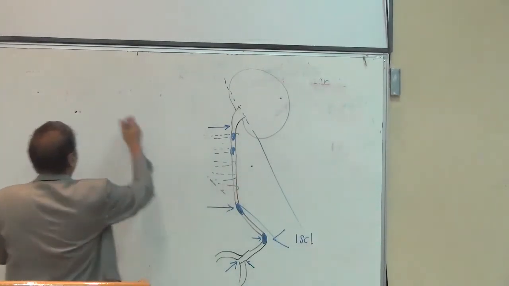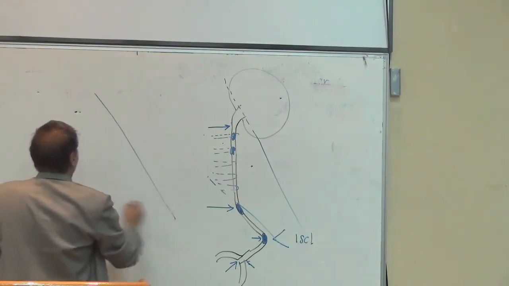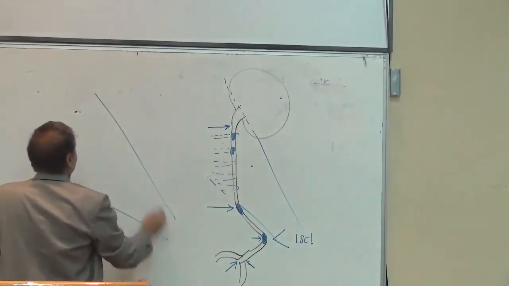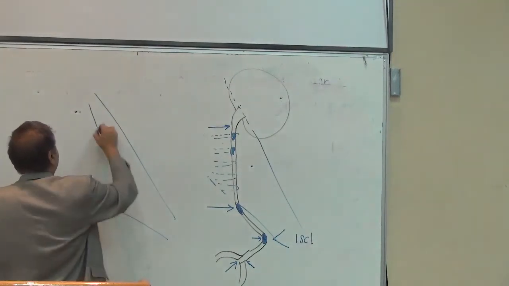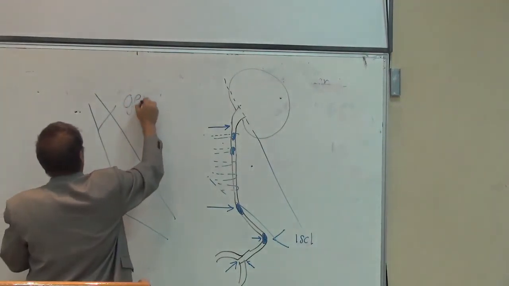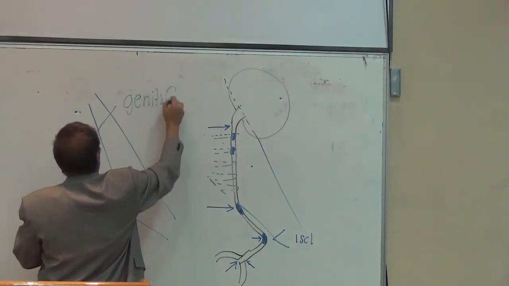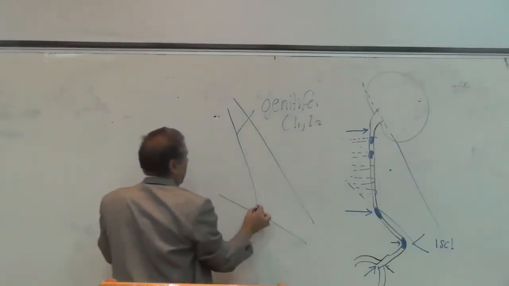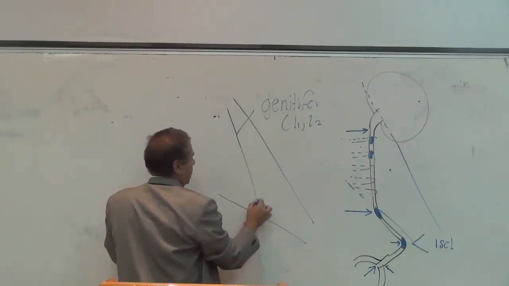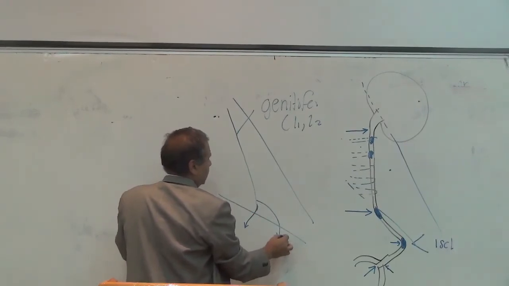This posterior relation is important because, number one, this is the psoas major muscle. In front of the psoas major muscle passes the genitofemoral nerve, from L1 and L2. This genitofemoral nerve divides into 2 parts: one part is the femoral branch, and the other is the genital branch.